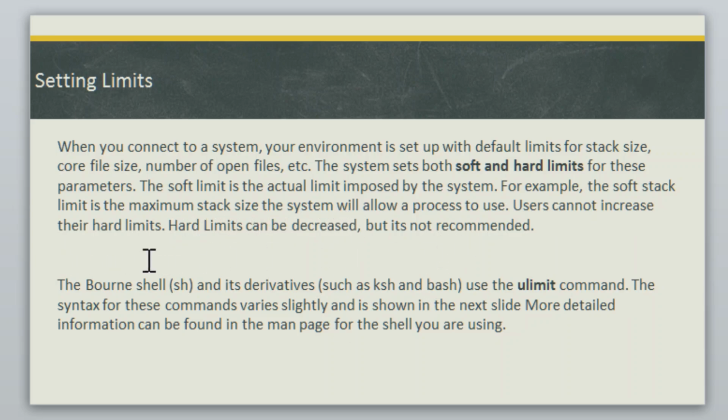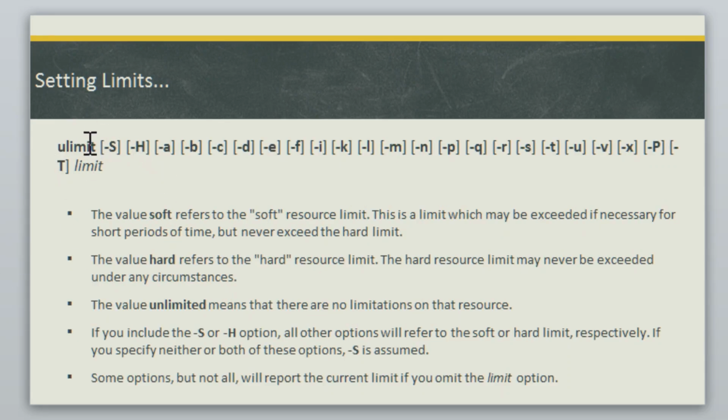The Bourne shell and its derivatives, such as the Korn shell and bash, which stands for Bourne Again shell, use the ulimit command. The syntax for these commands varies slightly and is shown on the next slide. More detailed info can be found on the man page for the shell you're using. So here we have that ulimit command. You see we have a ton of options and flags we can throw in here, okay? So -S is going to stand for soft, and -H is going to stand for hard.